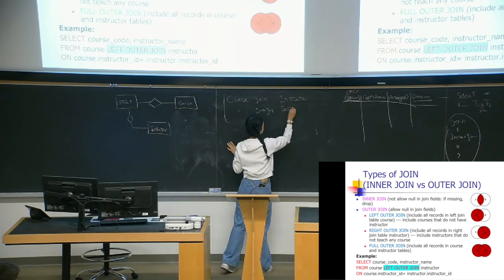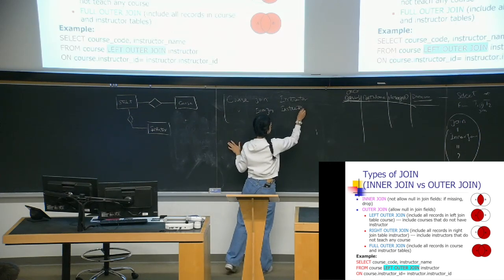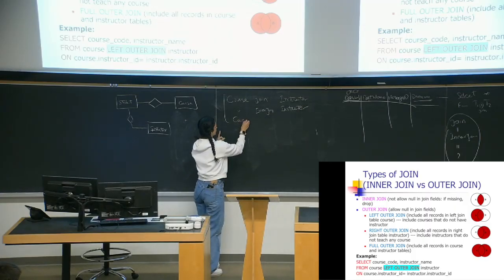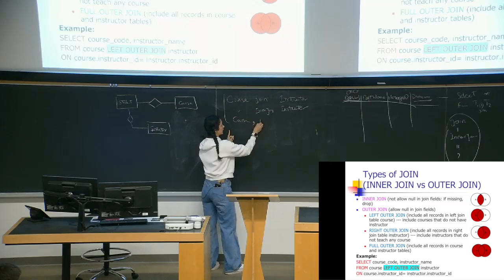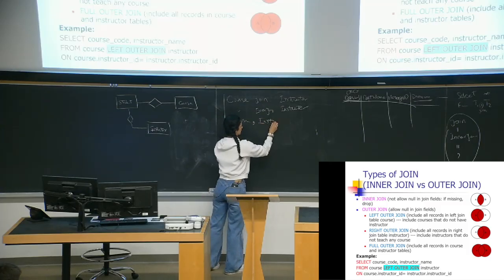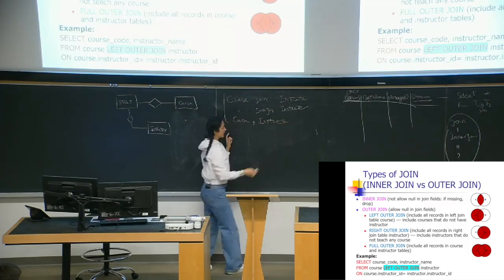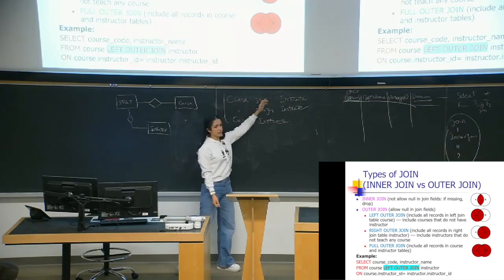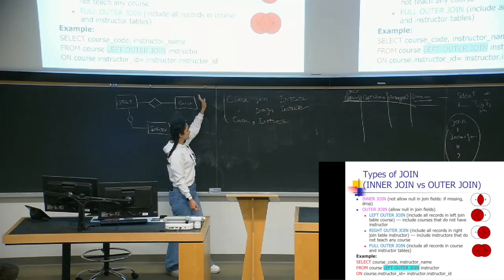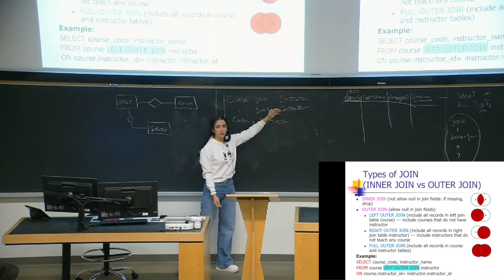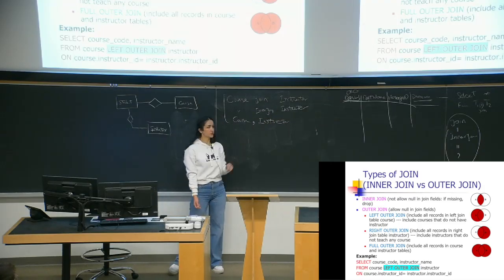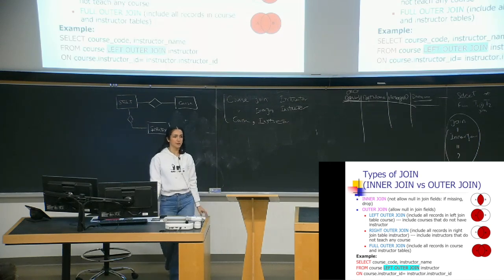Or I can just type, for example, from course, comma, instructor. So whether my query is select star from course join instructor, or from course inner join instructor, or from course comma instructor, these three are all the same. They all refer to inner join.